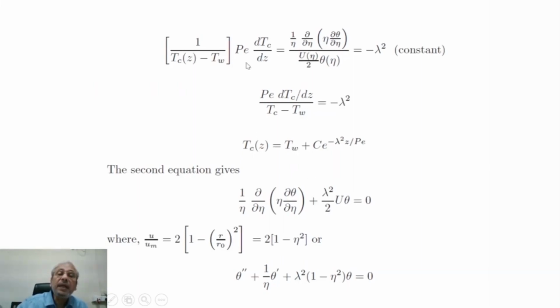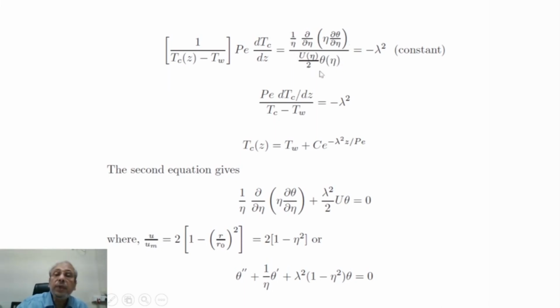This can be rearranged as Peclet number dTc dz divided by Tc minus Tw equal to 1 by eta del eta eta del theta del eta divided by U by 2 theta. U is a function of eta, theta is also a function of eta.